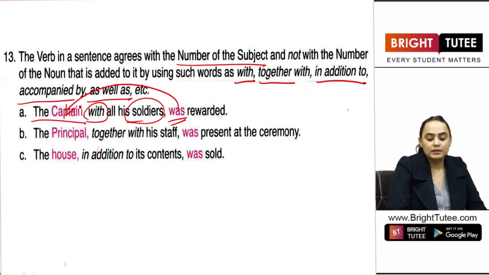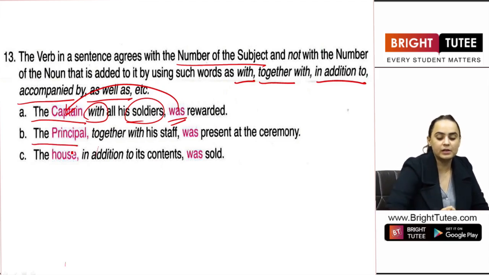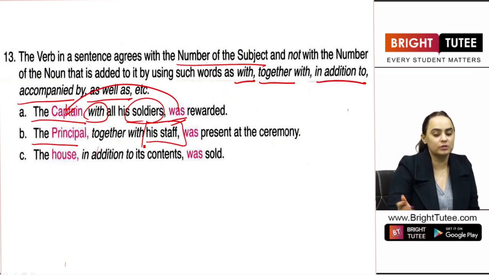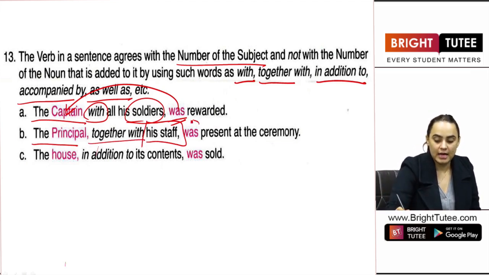Similarly, the principal together with his staff was present at the ceremony. The principal is my subject. His staff is a noun which is added to the subject using together with. Again, my verb will agree with the subject of the sentence.